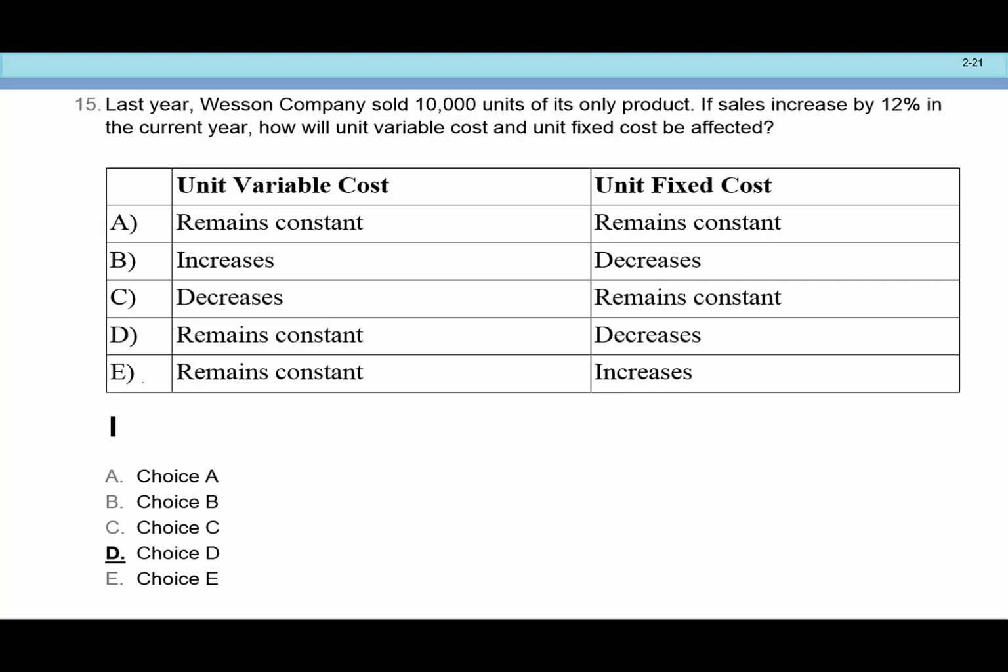Unit variable costs remain constant. Unit fixed cost will decrease as the level of production increases, which is what's happening in this example. You go from 1 unit to 2 units to 3 units, your fixed cost per unit decreases.